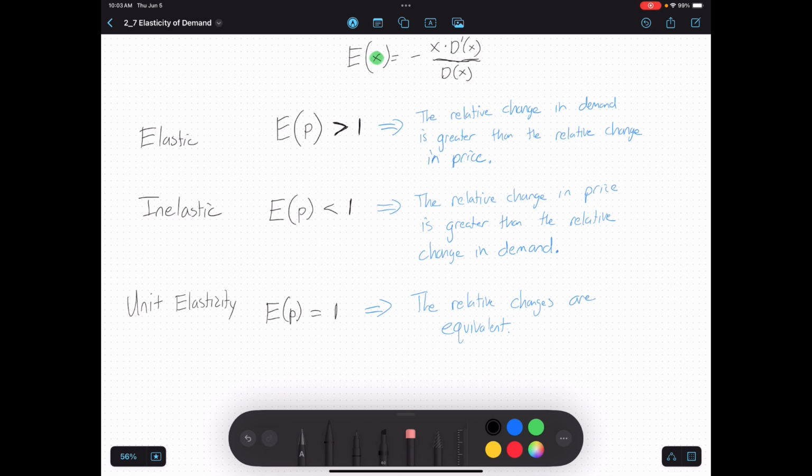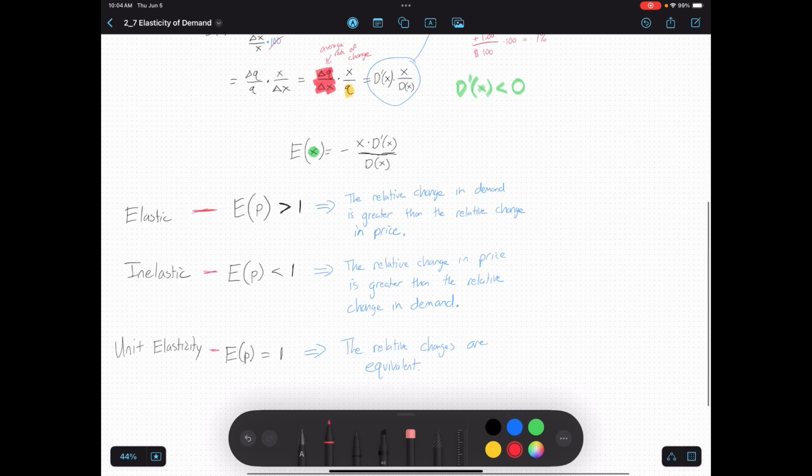So how do we use these results to actually make business decisions about what to set our price at? Well, let's look at this first situation where it's elastic. Remember, we're plugging in a specific price. We're trying out a certain price and then analyzing what the elasticity is at that price.